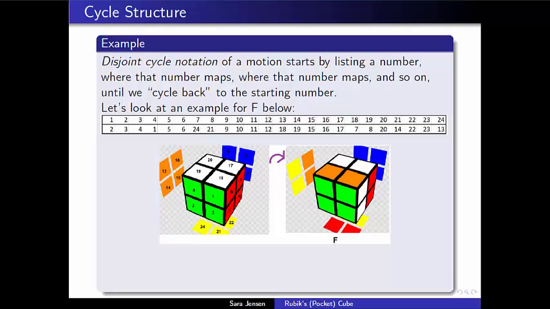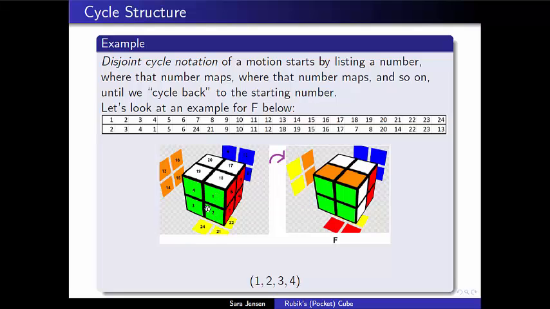So let's go back to this example for the motion F that we wrote down in tabular notation before. This is what I mean by tabular notation. We have a table here. Just as we did when we figured out how to fill in the numbers in that table, let's start with the front face and these numbers 1, 2, 3, 4. We started by taking the 1 and said the 1 maps to the 2's spot.